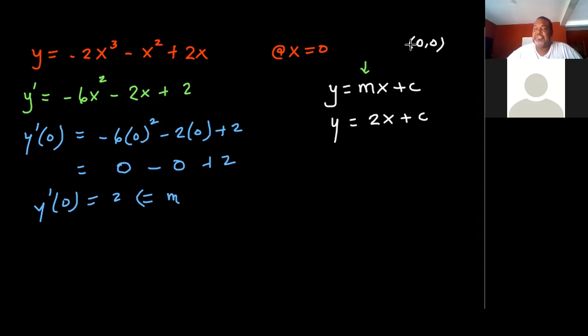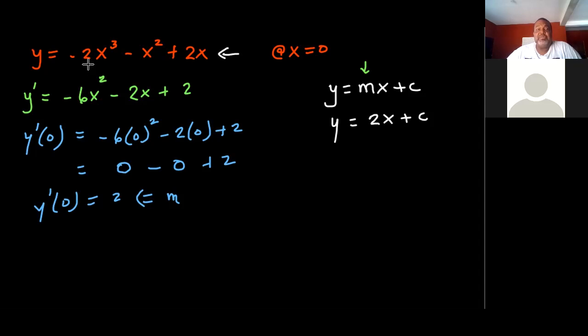Because origin is 0, 0, so I have x and y. If they had said 4, 5, I would have known what y is. So I could have plugged it in here, but they did none of that in this particular case, right? So I gotta go and find y. So how do I find y? I have to put in the x value into the original equation.